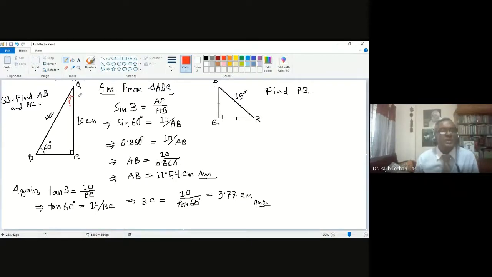It is 30 degree, correct. Because one angle is 90, another angle is 60, so the other angle must be 30. Altogether 180 degrees. So 60 plus 90 plus 30 will be 180.